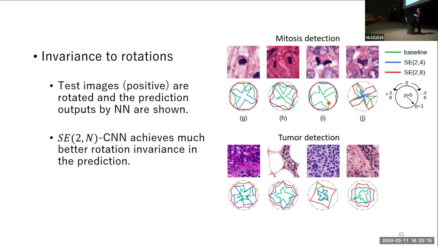That is somehow very reasonable because the translation invariant convolutional neural network doesn't consider the rotational invariance. And in contrast, the rotational convolutional neural network gives much more robust output to the rotation of the testing images. So the bottom rows are the more difficult task of tumor detection. So sometimes the red curve is still not too close to perfect rotational invariance, but still much better than the baseline CNN.